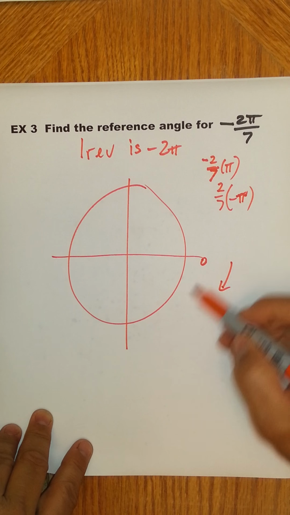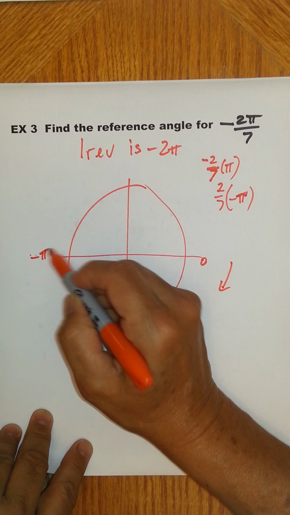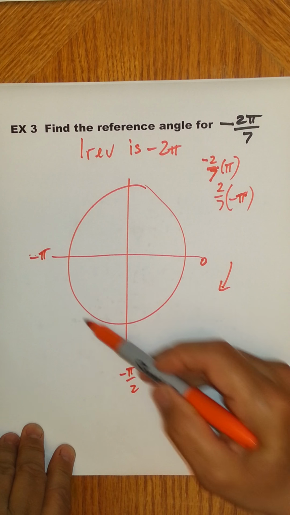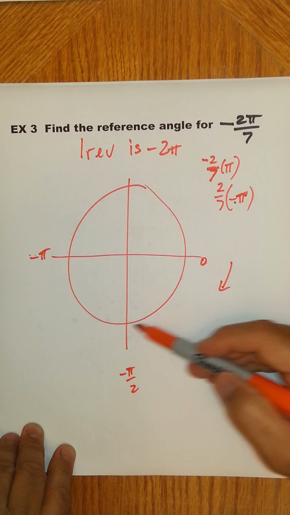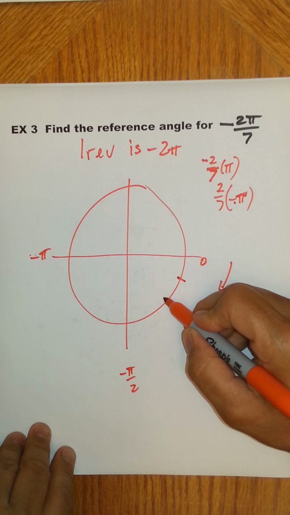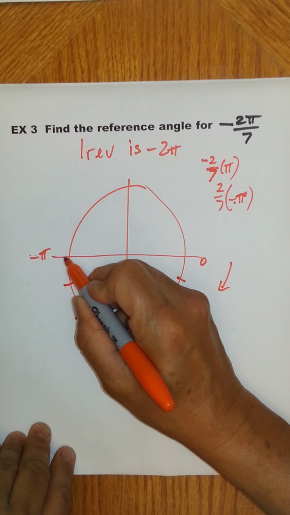Here's 0. Here would be negative pi over 2, and here's negative pi, right? So I'm wanting to divide into sevenths. I want to divide this portion, which is 1 negative pi, into sevenths. So let's go ahead and do that. Here would be about 1, 2, 3, 4, 5, 6, 7.